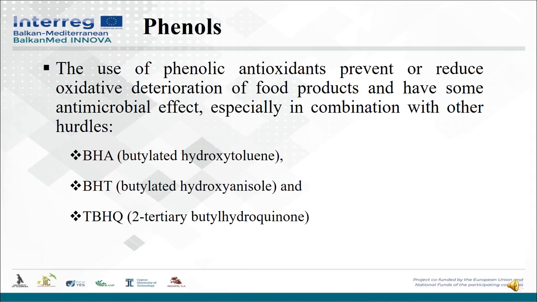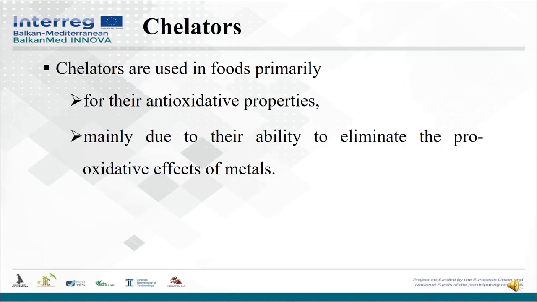Phenolic antioxidants are used in combination with other hurdles, for example with packaging. Other chemical hurdles are chelators, and the most commonly used are citrates, lactates, pyrophosphates, and ethylenediamine tetraacetic acid. They are used in foods primarily for their antioxidative properties or due to their ability to eliminate the pro-oxidative effects of metals.